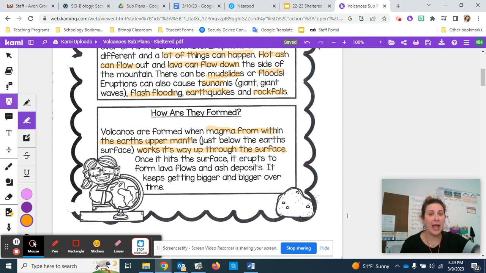Volcanoes are formed when magma que están en el manto se mueve arriba y están en la superficie de la tierra. Once it hits the surface, it erupts to form lava flows and ash deposits. It keeps getting bigger over time.